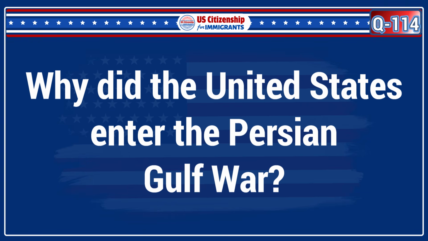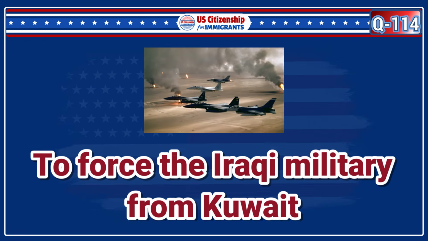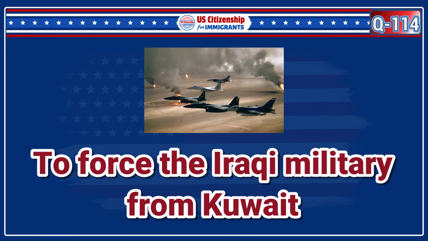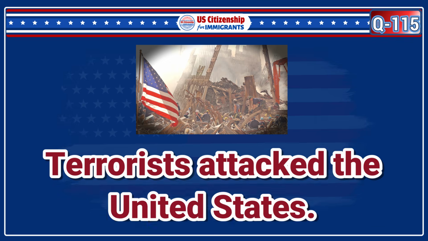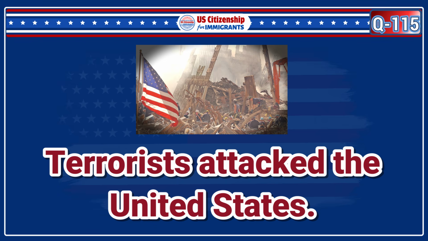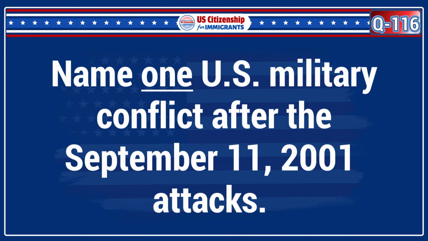114. Why did the United States enter the Persian Gulf War? To force the Iraqi military from Kuwait. 115. What major event happened on September 11, 2001 in the United States? Terrorists attacked the United States. 116.